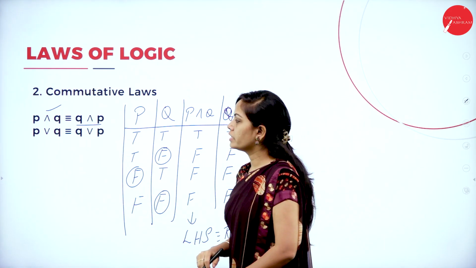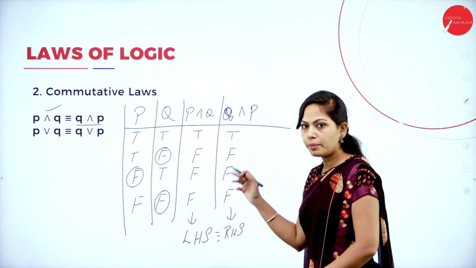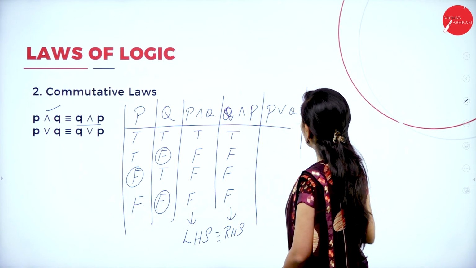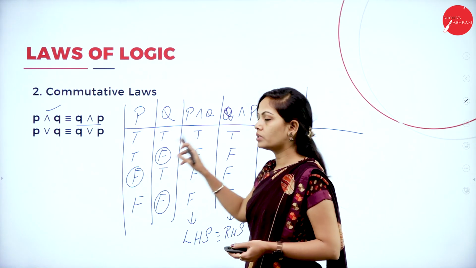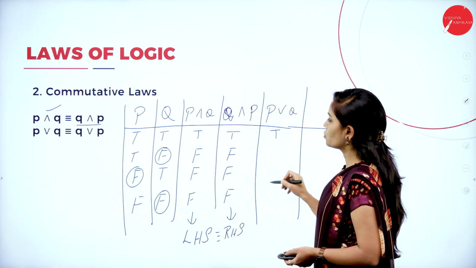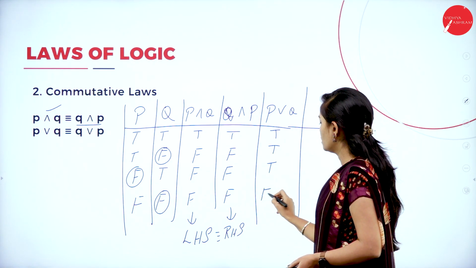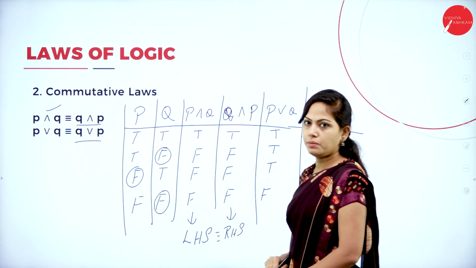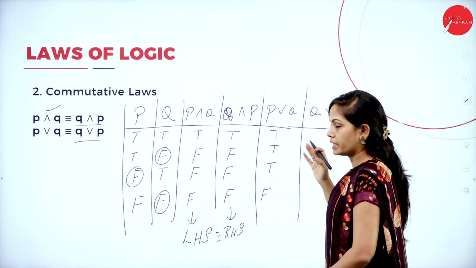And the second law is P or Q is equal to Q or P. So I'll find out P or Q. So what is OR operation? If any one of the statements is true, the condition is also true. So true, true is true, true, false is true, false, true is true, false, false is false. And now I will find out Q or P. Both are the same, right?